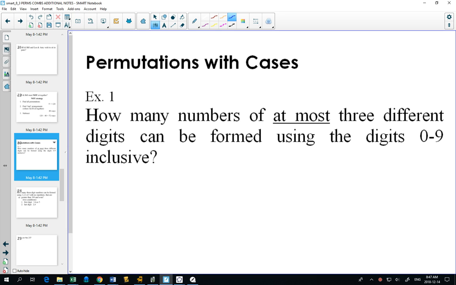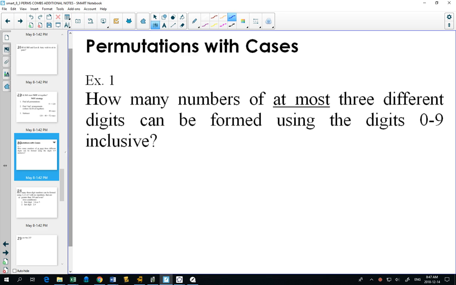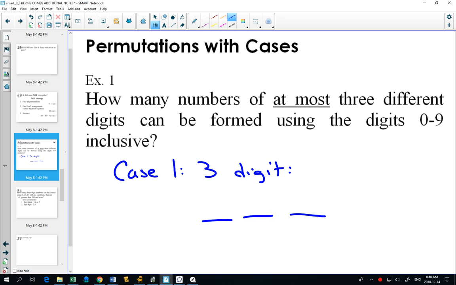So how many digits of at most 3 different digits can be formed? The way we realize this as cases is sort of like, oh, I could have a 3-digit number, a 2-digit number, or a 1-digit number. And we're going to put here no repetition, just to add that in there.